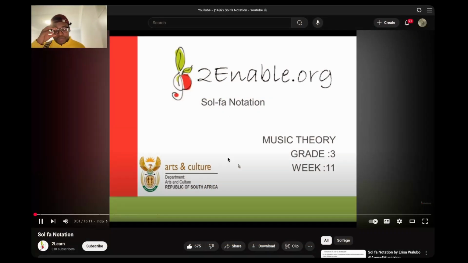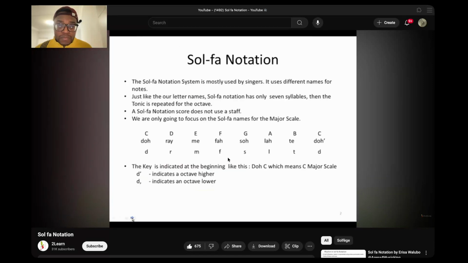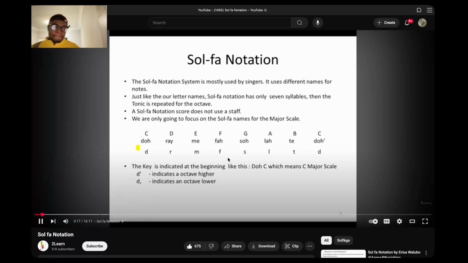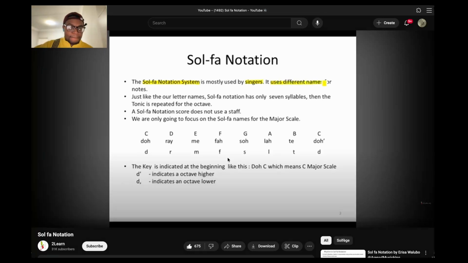Hello everyone, welcome to Music Theory, Grade 3, and we are in week 11, brought to you by To Enable. Today we are discussing Sol-Fa notation. What is Sol-Fa notation? Sol-Fa notation is a system which is mostly used by singers. It uses different names for the notes.